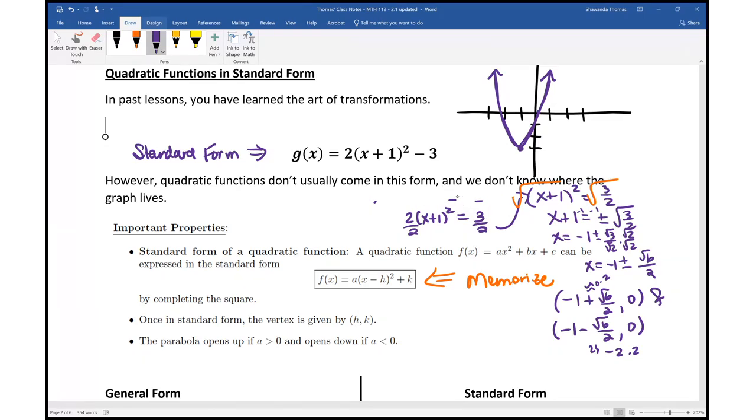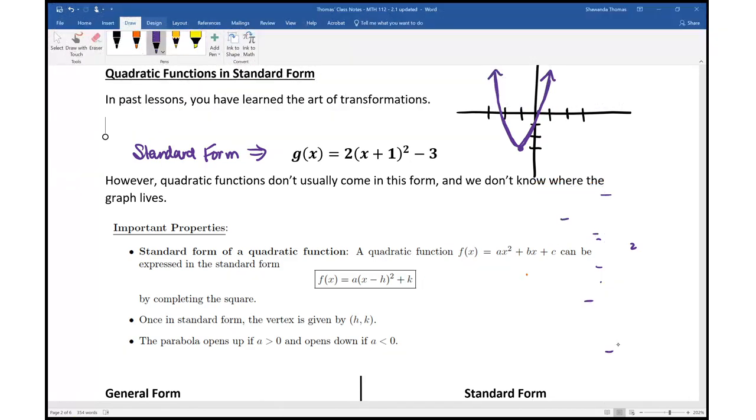So I'm going to erase this. You can always rewind to get that. So we want to know how to convert from the standard form to the general form. Well, we'll write all this out, right?